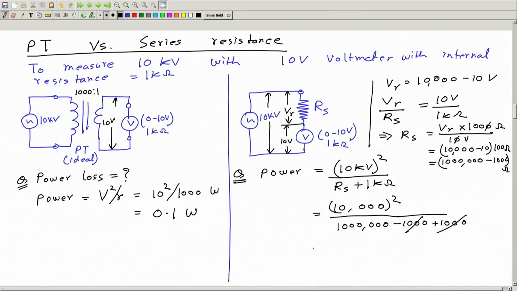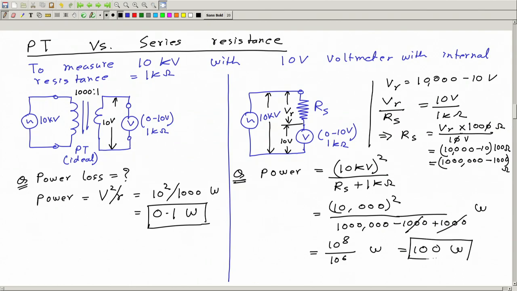So we have 10 to the power 8 divided by 10 to the power 6 watt. So this is 100 watt. So this power loss is much greater than this power loss. So with a PT, the power loss is much smaller than if we have a multiplier or series resistance.